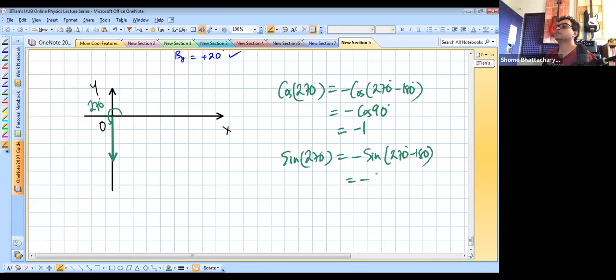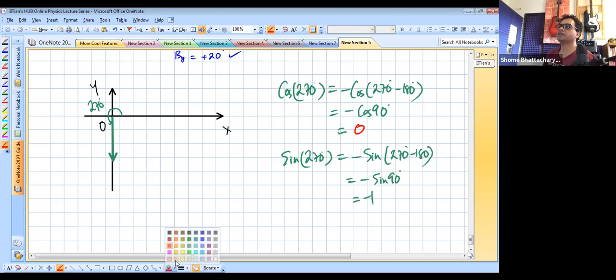That is minus... this should be 0. This should be minus 1. Just a quick correction, this value should be 0. So anyway, your cos theta is 0, sin theta is -1.